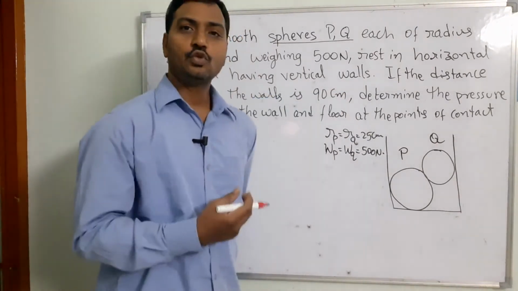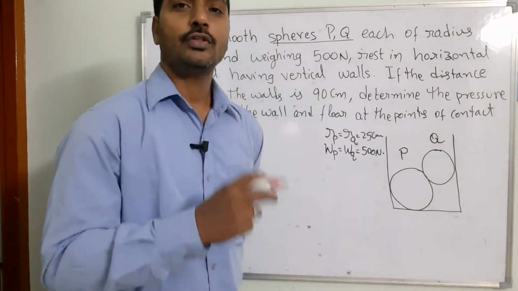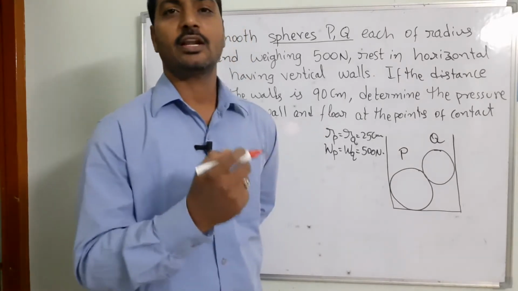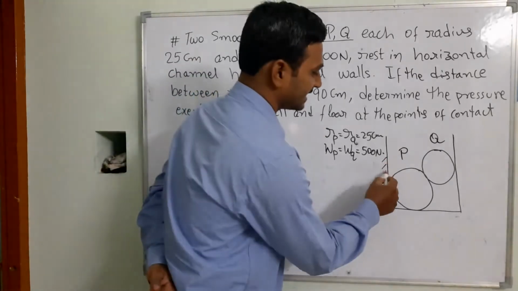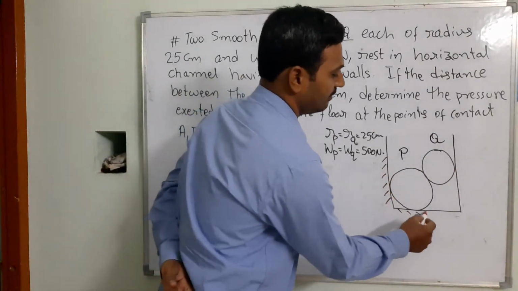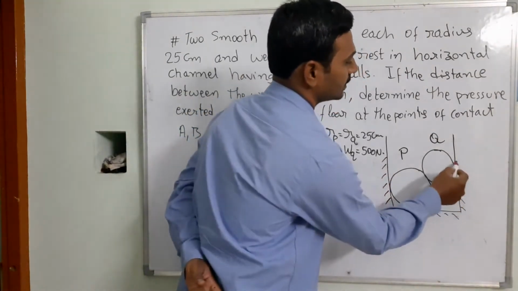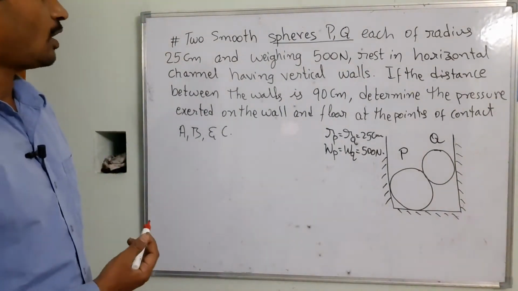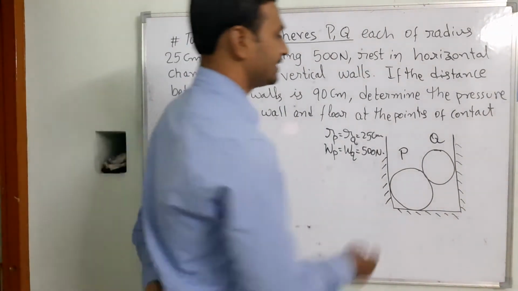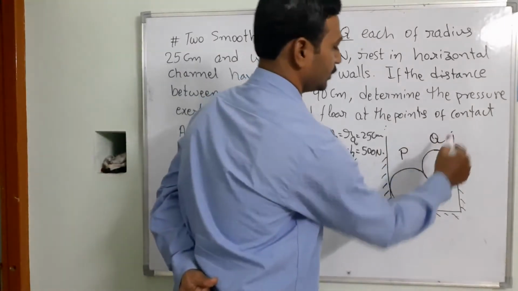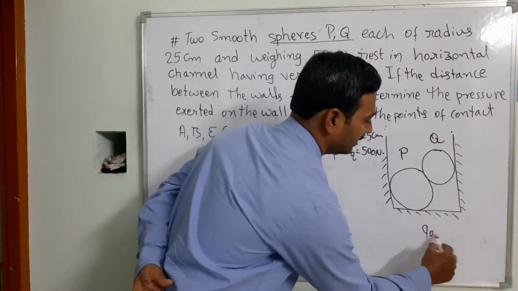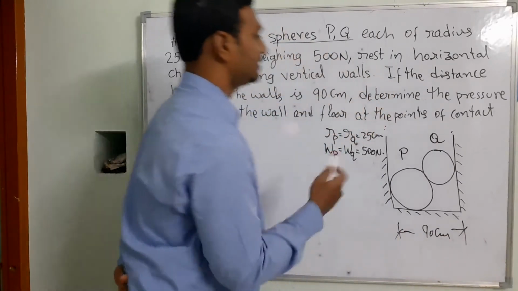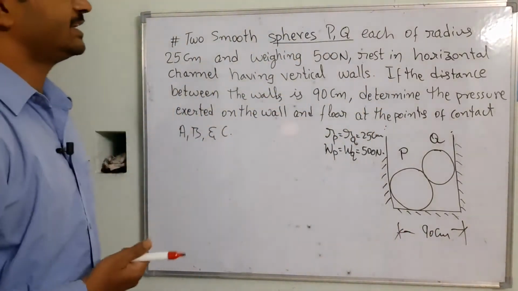So these two spheres are mounted in a channel that has vertical walls and, at the same time, a floor. The distance between the vertical walls is 90 centimeters.